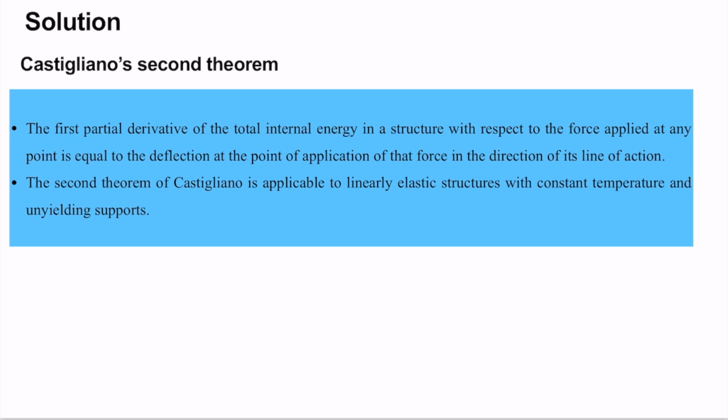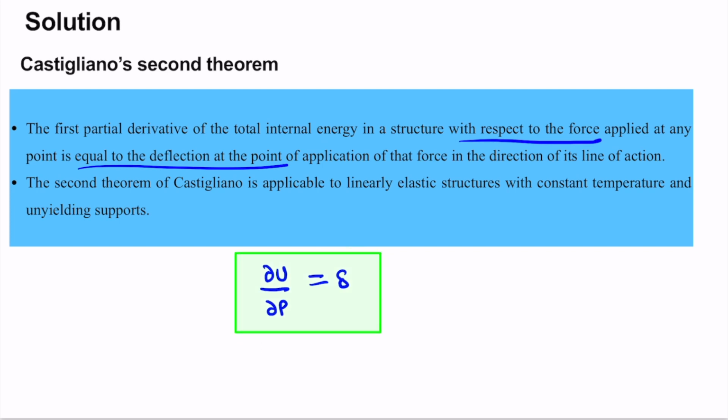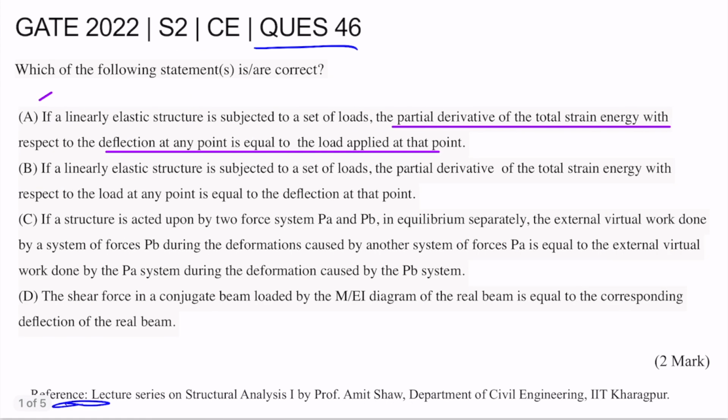So delta U by delta P, with respect to force, is equal to the deflection delta at that point. This is the statement for Castigliano's second theorem and it is the same as option B. Therefore option B is also right.